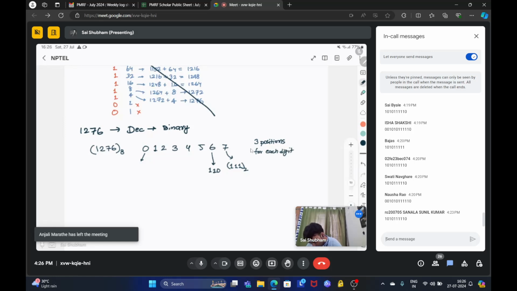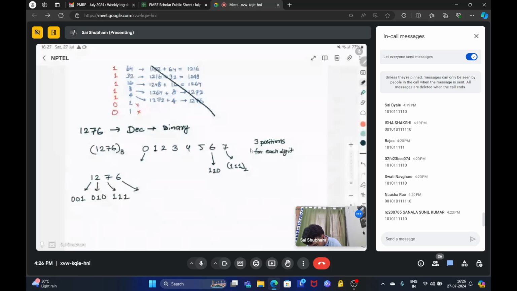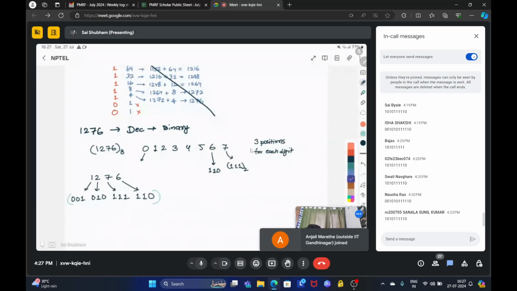Fine. So 1 can be represented as 001, 2 can be represented as 010, 7 can be represented as 111, 6 can be represented as 110. Okay. So this is your binary representation. Okay. This is actually a shortcut method.